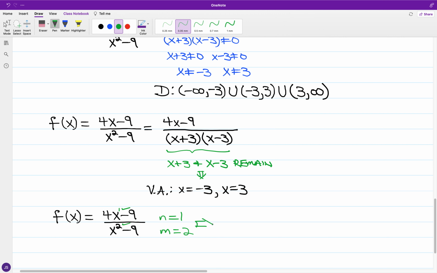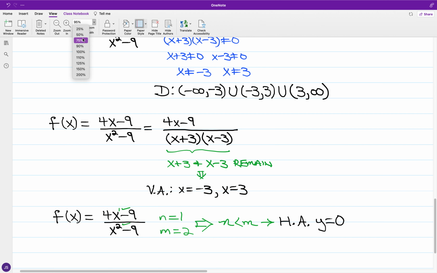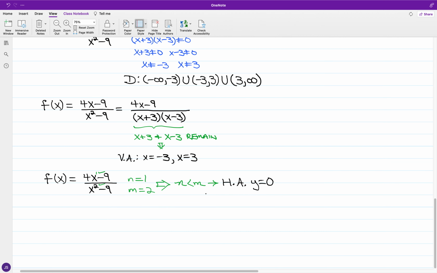So we have n equal to 1 and m equal to 2. Comparing, n is less than m. Whenever the degree of the numerator is less than that of the denominator, there's going to be a horizontal asymptote, and y is automatically going to equal 0. And so we have three asymptotes: two vertical and one horizontal.